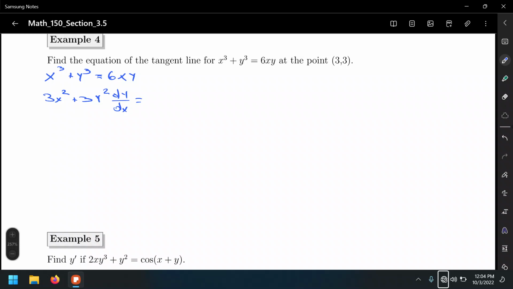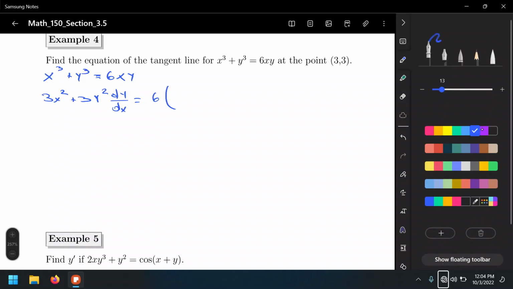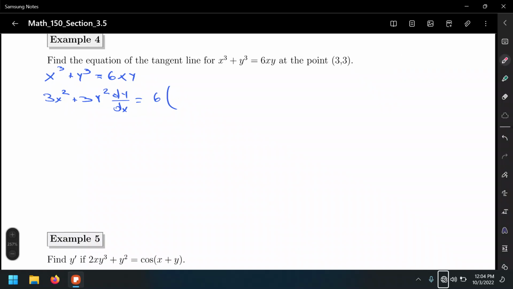So on the right hand side, let's differentiate this product. I'm going to have the 6 outside and then do the product between x and y. To recall the product rule for differentiation, the derivative of a product is u prime v plus v prime u.